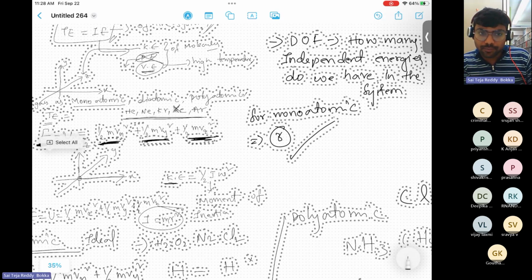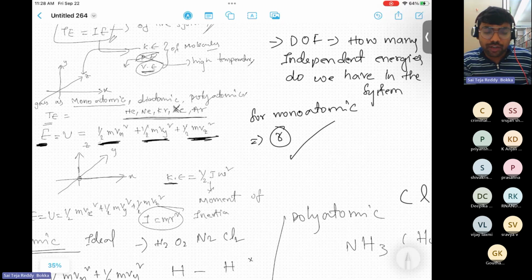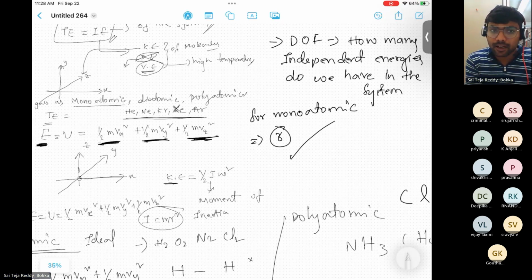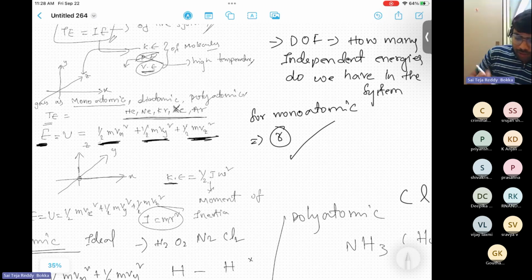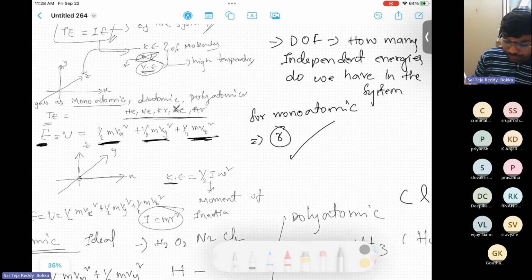In monoatomic, how many independent energies do we have? 3. Yes, because half mvx square, half mvy square, and half mvz square.